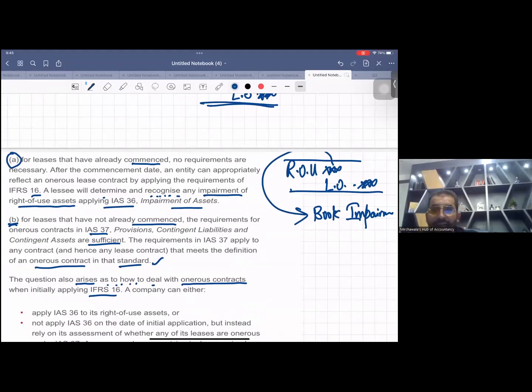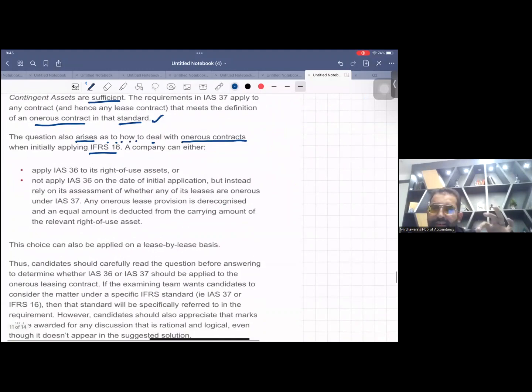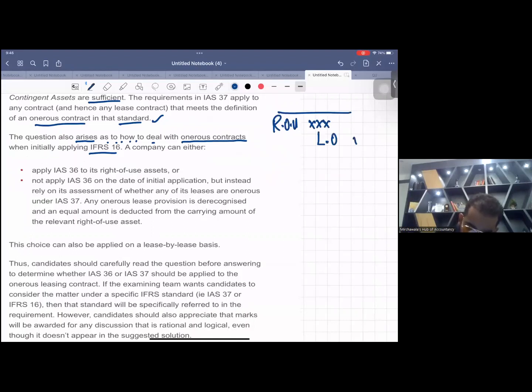Let us say the lease has already been commenced, and you have made the entry ROU debit and lease obligation credit. So now the standard has given you two options.